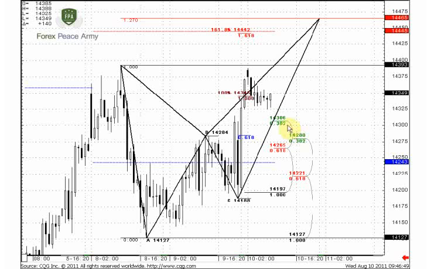So anything could happen currently, but I think that still the market could continue the further move to the upside.